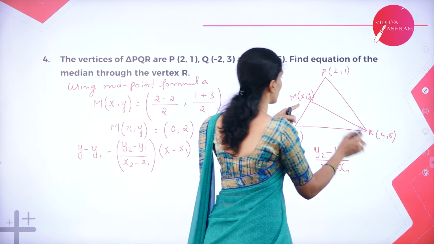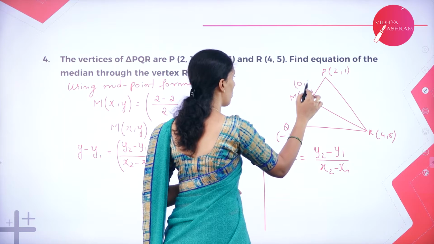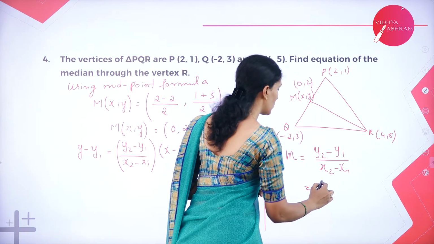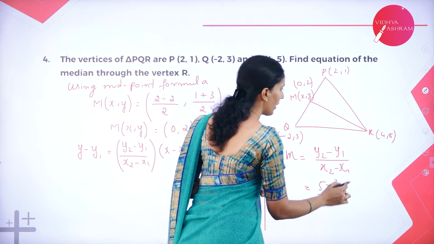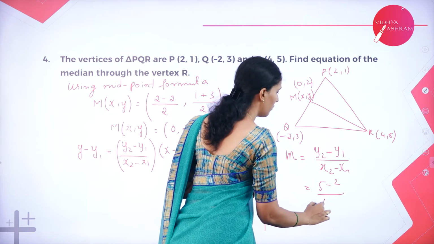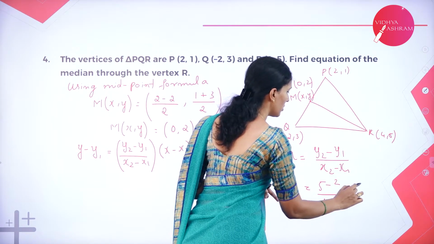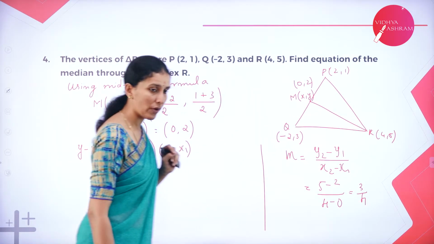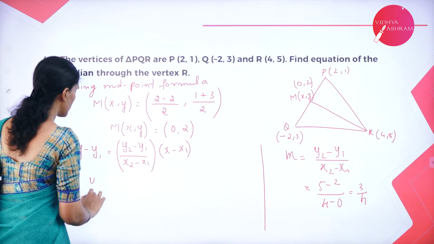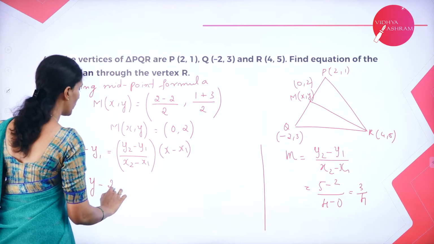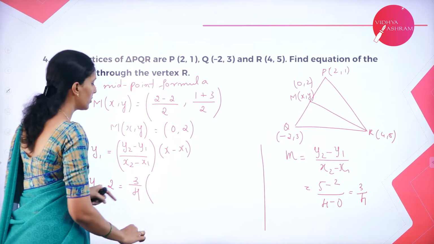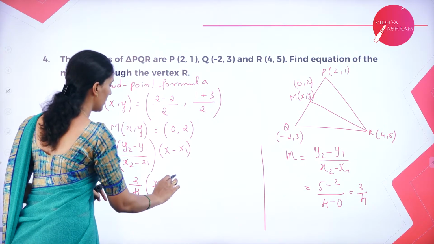Now this point is (0, 2). So y2 minus y1, 5 minus 2, divided by x2 minus x1, 4 minus 0, which is 3 by 4. Since I have taken this as (x1, y1), the equation becomes y minus 2 is equal to this slope, 3 by 4, into (x minus 0).